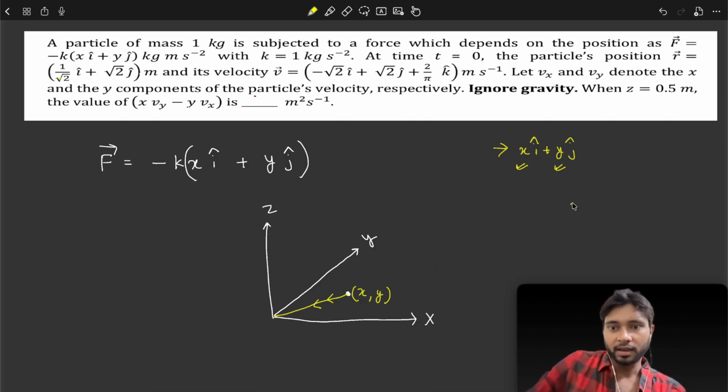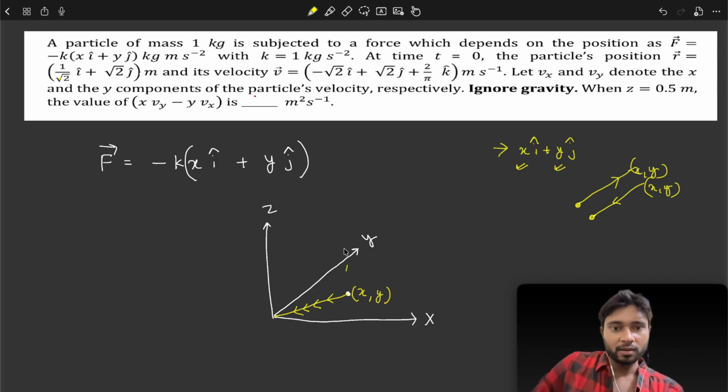So if this is my origin and this is x comma y, x i cap plus y j cap looks like this. So definitely minus x i cap minus y j cap will look like this. So when the particle is in the xy plane, the direction of force will be this. I hope everyone agrees with this.